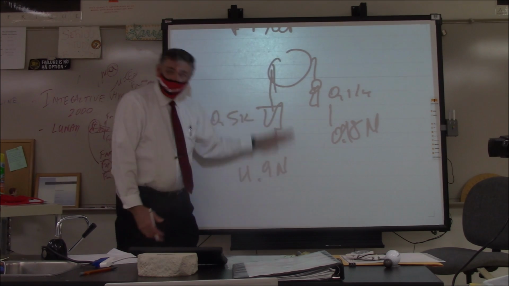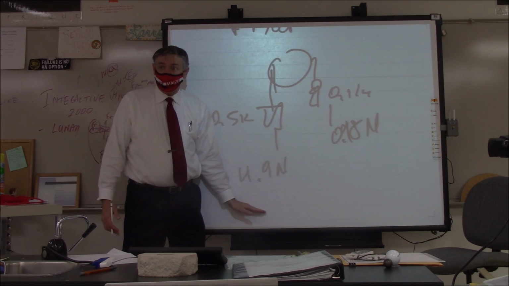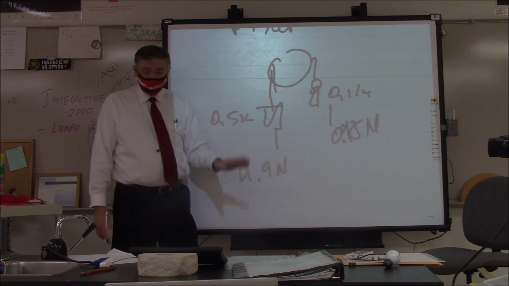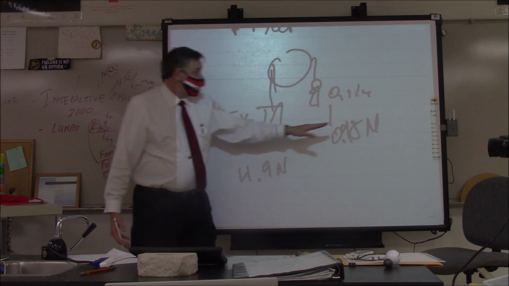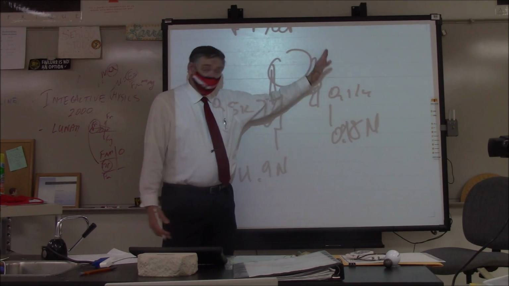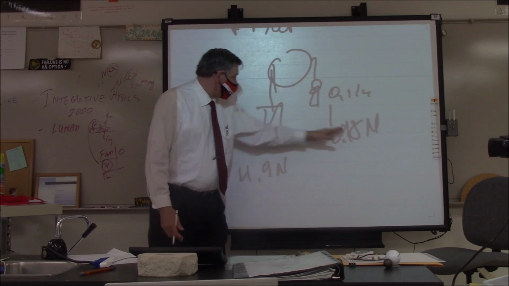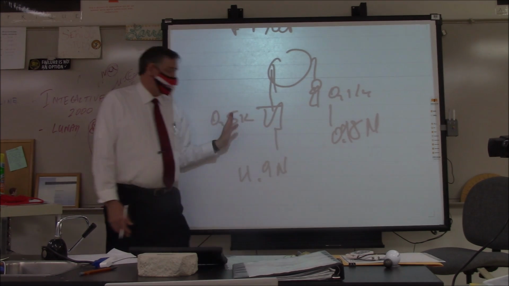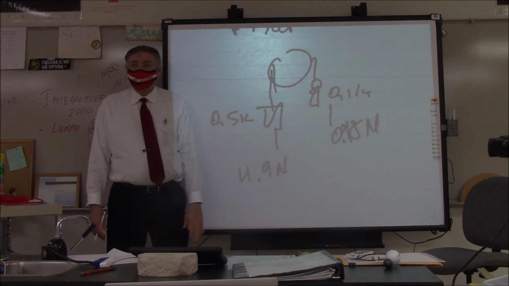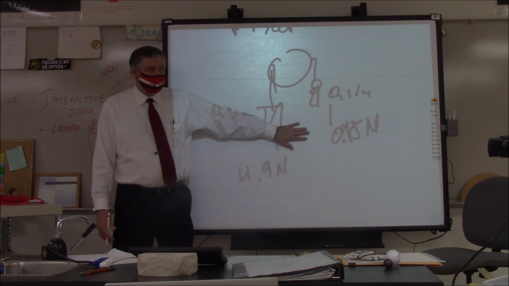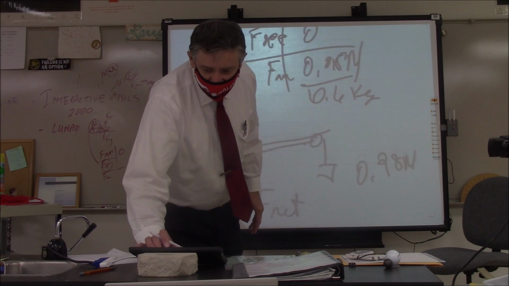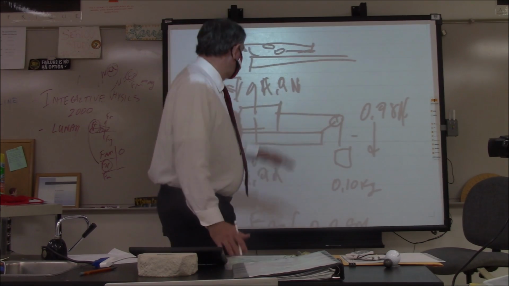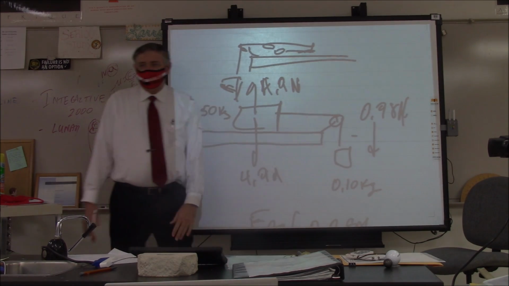All of that gravity is going, oh, here's 4.9 newtons. So again, in this situation, I take 4.9, that's my applied force, subtract that out, because that's my opposing force, and then I would still divide by 0.6 kilograms. I promise you, there's going to be one like this on the test.